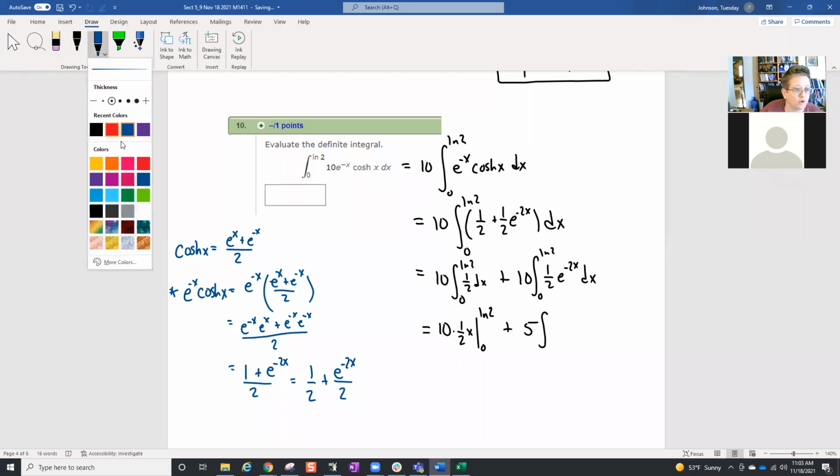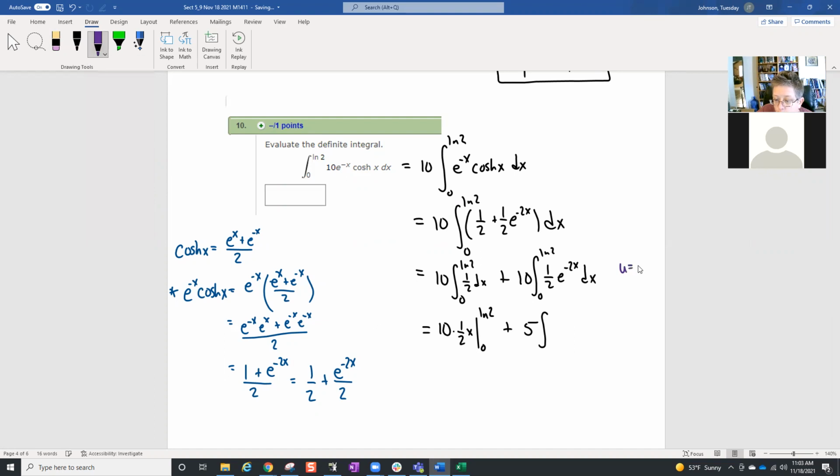Let's move on to another color. So here I'm going to let u be negative 2x. Then du is negative 2dx, which means I have negative 1/2 du equals dx. So I got dx, I got u, so I brought the 1/2 out in front, times 5.